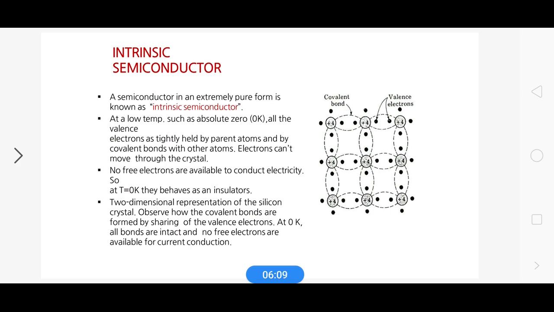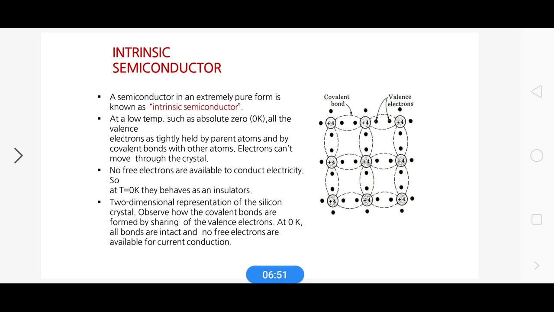The circle in the center indicates a silicon or germanium atom, surrounded by 4 neighboring silicon atoms, and its 4 valence electrons form 4 covalent bonds with the electrons of the neighboring atoms.